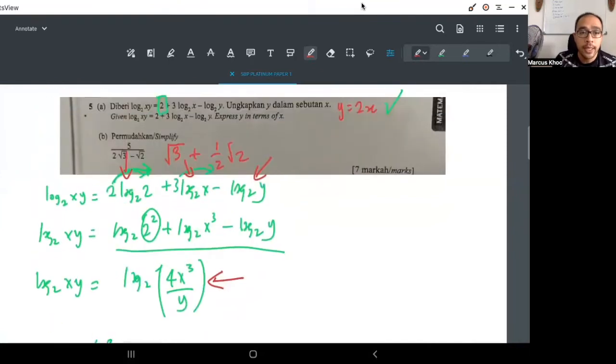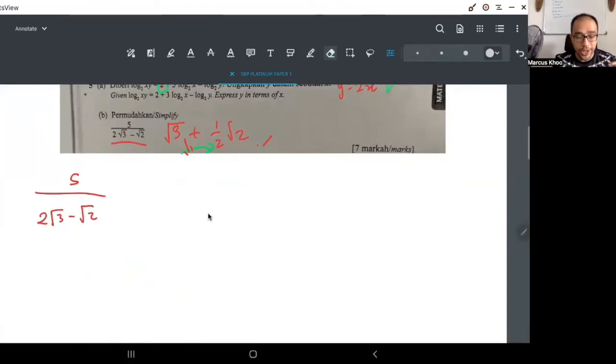All right. Okay, the next one is to simplify this. Okay, so for question 5b, you will have to rationalize the denominator. Okay, and so what you will do in this case is you multiply, sorry, you have to include the 2. So you will multiply with 2 root 3 plus root 2.